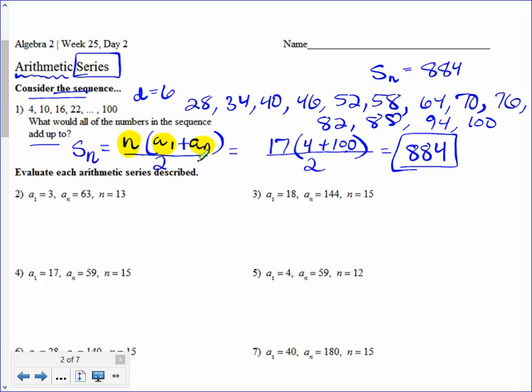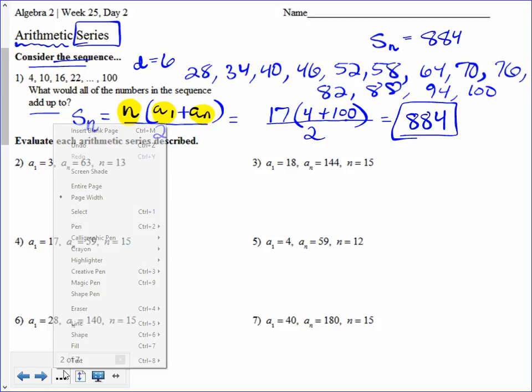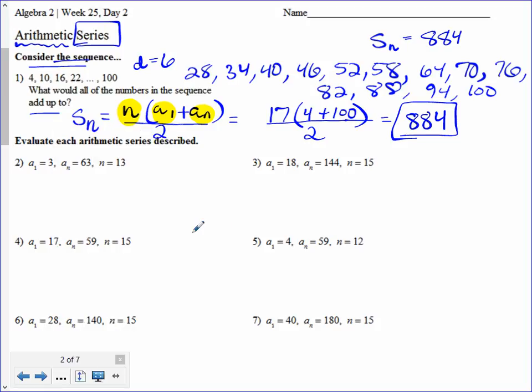So look at the next problem. Look at number 2. So the first problem I'm going to give you all that information. Okay? I'm going to give it all to you. Do number 2, see if you can plug them in and get the answer. I'll give you about 30 seconds. Cool.